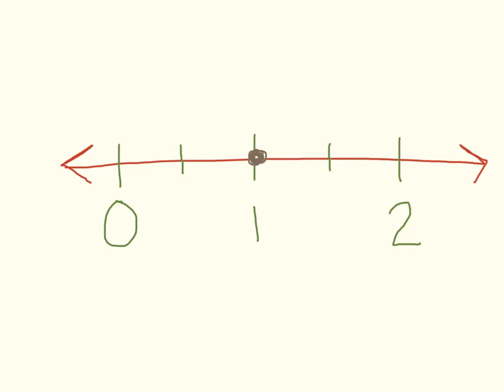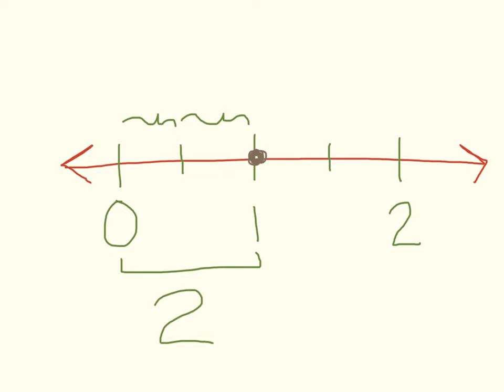One is the spaces that you have between whole numbers. So there's my whole number, and I've got 2 spaces. So the 2 will be my denominator.